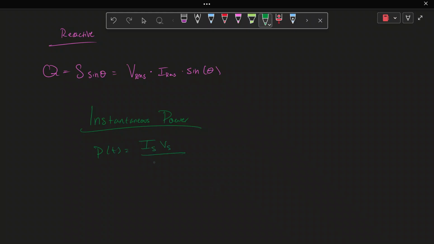IS times VS over 2, and these are not RMS. These are your amplitudes, so remember how we put IM or VM? That's what those are. I think they put S for source, but that's what happens. Then you do cosine of, again, the angle between them, theta V minus phi I, and I'm going to do phi I because I did the same thing earlier.